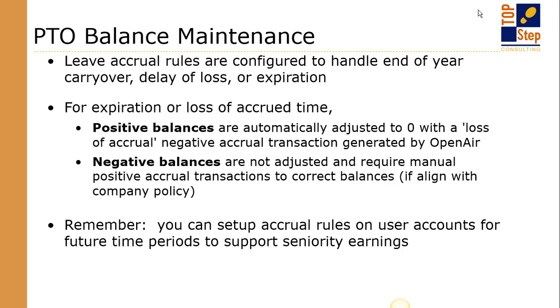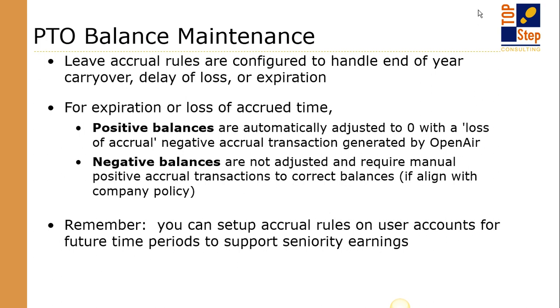And then PTO balance maintenance. Year over year, a lot of customers will change the way that they are potentially computing PTO. So are you calculating your delay or expiration of PTO correctly? Do you need to go in and make any sort of manual adjustment, either positive or negative, for the new year?